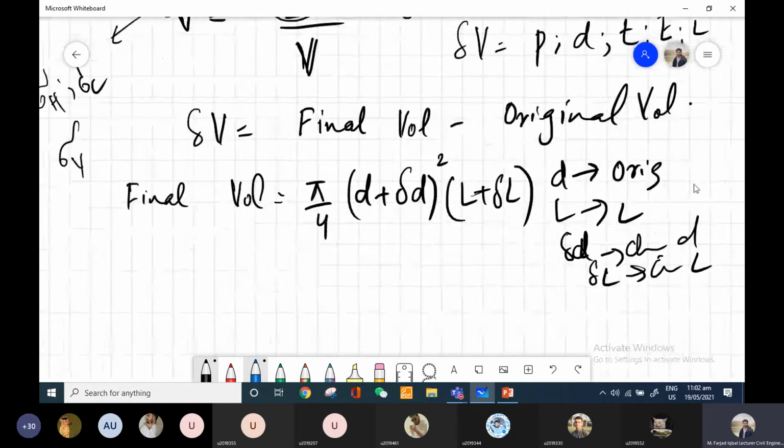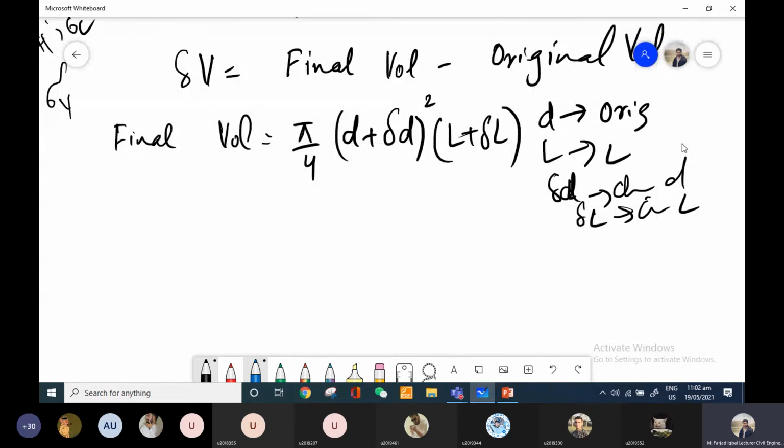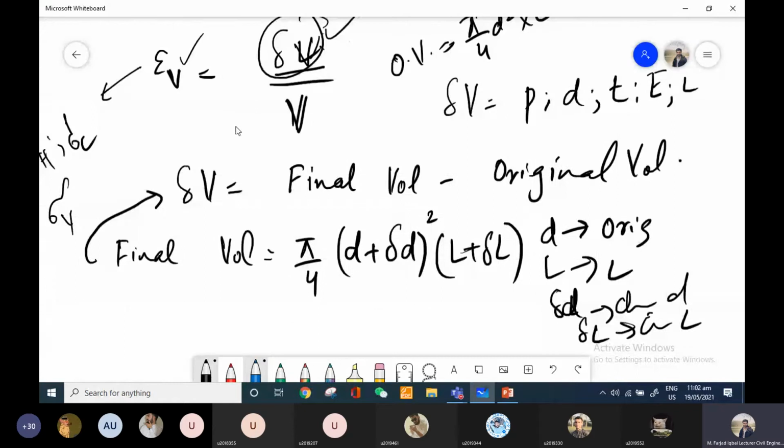Now if I simplify this one, I can get some expression of volume in terms of diameter and length, or diameter over length, again material properties, and if I substitute this expression back into this equation, and then if I substitute this delta V into this equation, I may get one expression for change in volume in terms of these 5 factors which I have written over here.